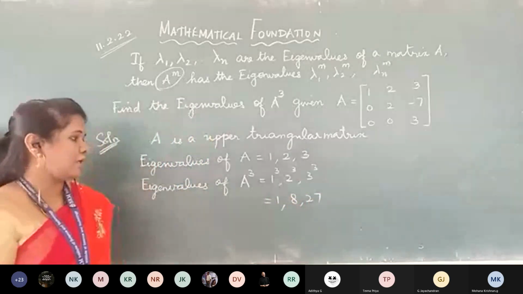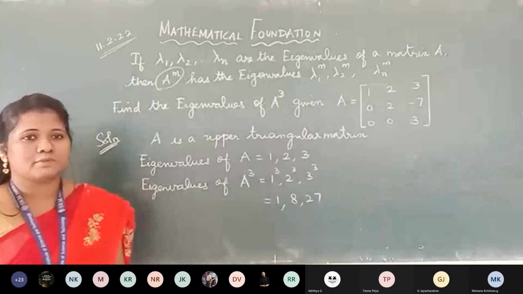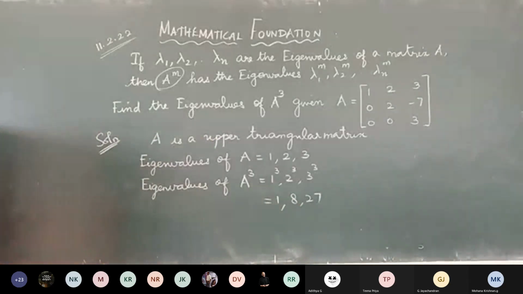So the eigenvalues of A cube will be 1, 8, and 27. This is how you're going to find it. So these are your properties.